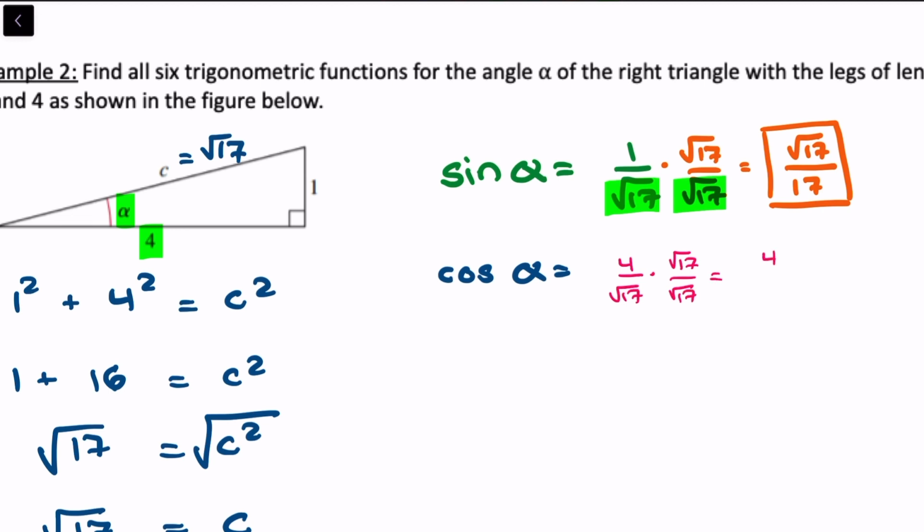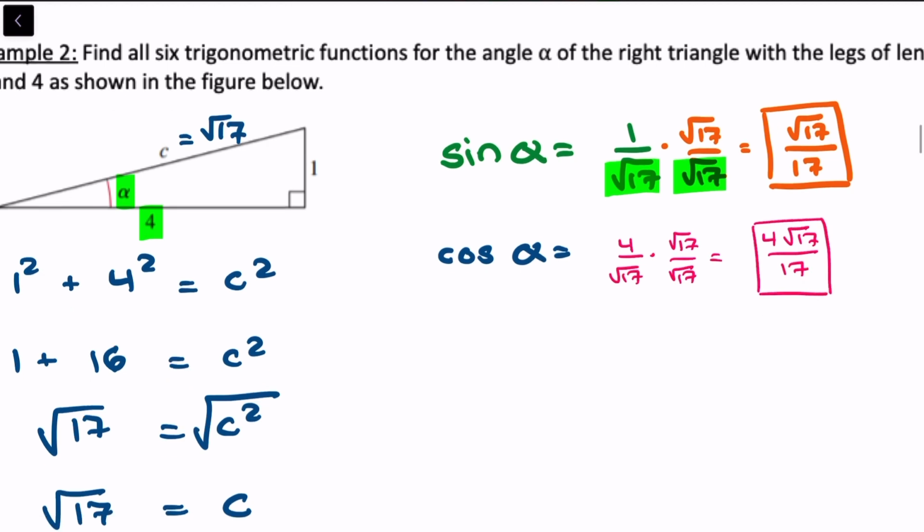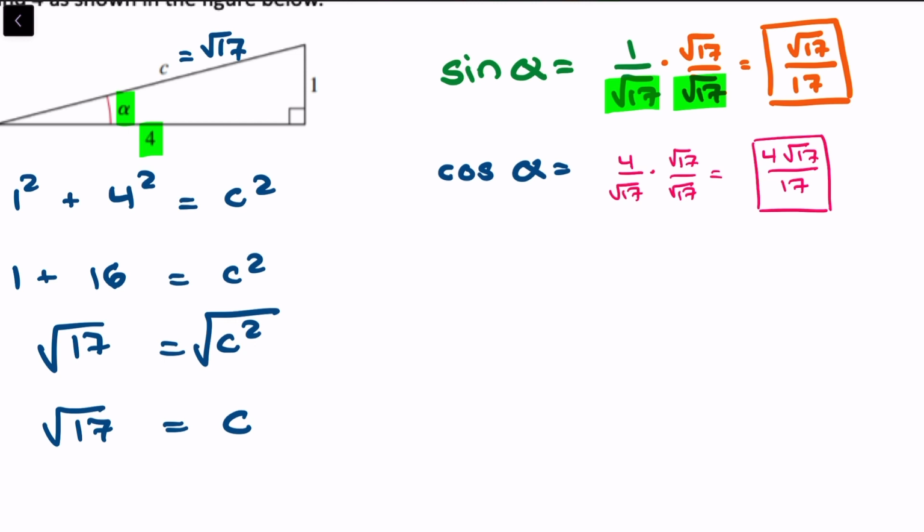We get 4 square root of 17 over 17 for this one. Next, we have the tangent of alpha, which is opposite over adjacent. So that's 1 over 4.